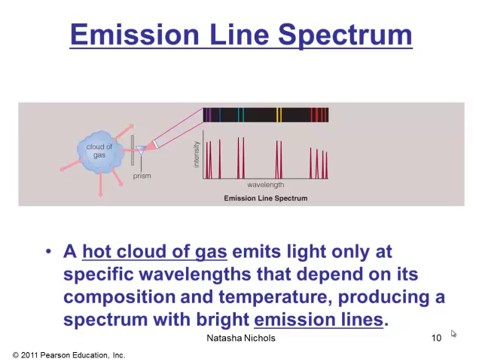The end result, once it goes through the spectrometer, is the production of a spectrum with bright emission lines. So what you will see is a dark background with some bright emission lines. In an intensity wavelength graph, you will see spikes, which correspond to the emission lines.